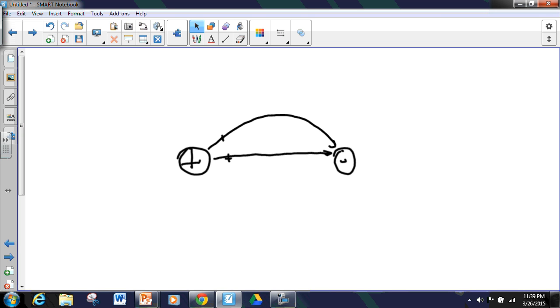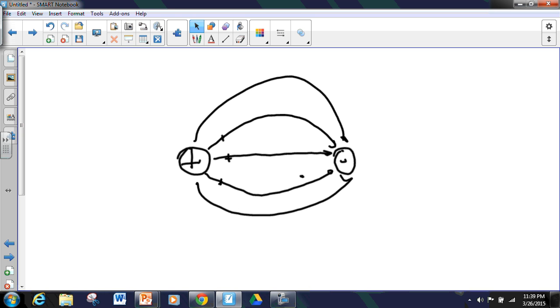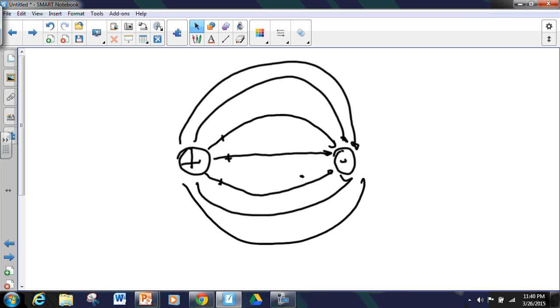If I put it here, it's pushed away from the positive, and then when it gets in the force field of the negative, it's going to be pulled towards it. I could do that over and over, and this would describe the force field.